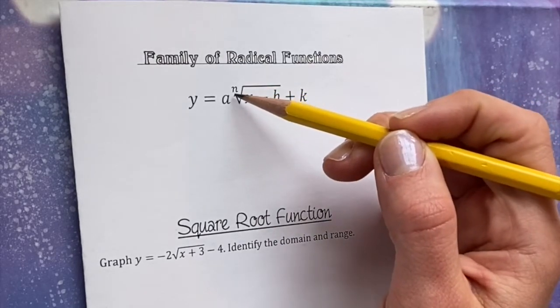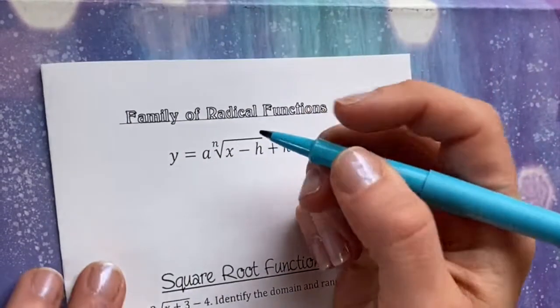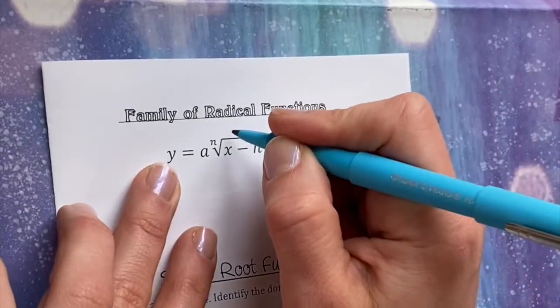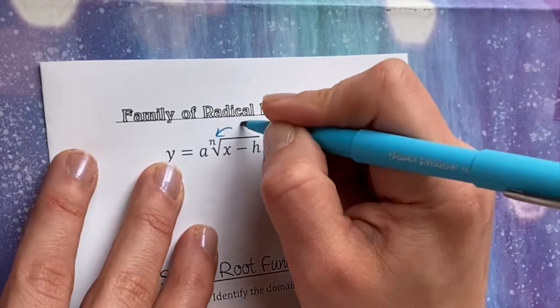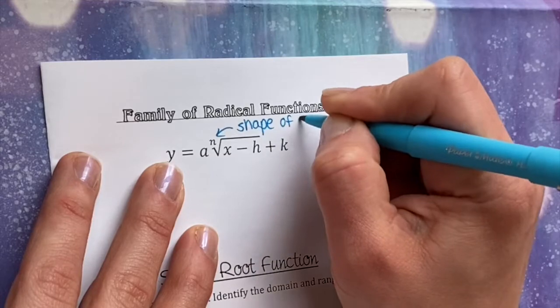And notice attached to this radical symbol is this little n here. N represents the index of the radical. And this actually tells us the shape of the graph.